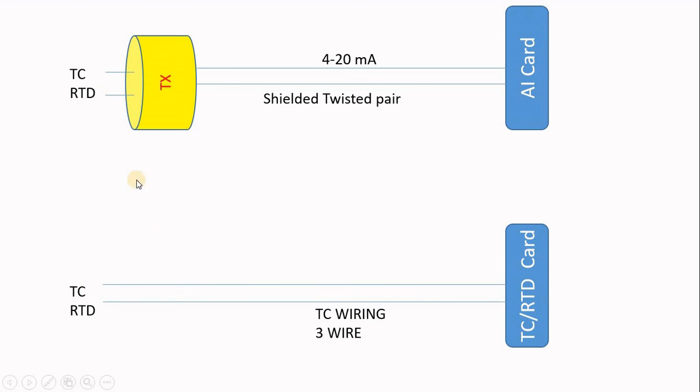The other option is to mount a transmitter in the field and then connect your thermocouple or RTD to your transmitter, and then you have 4-20 milliamps to your standard analog input card.